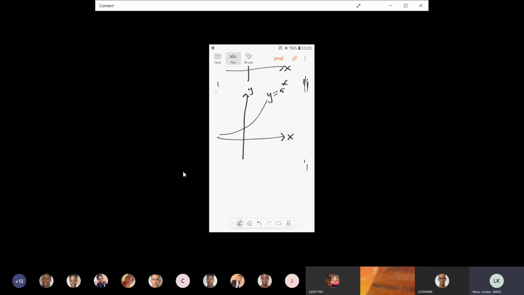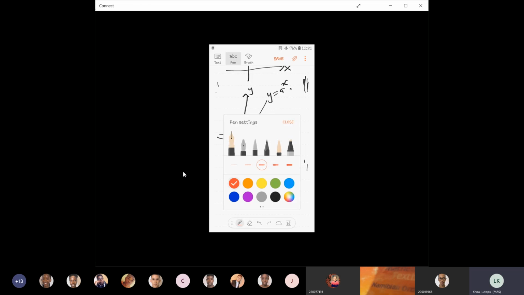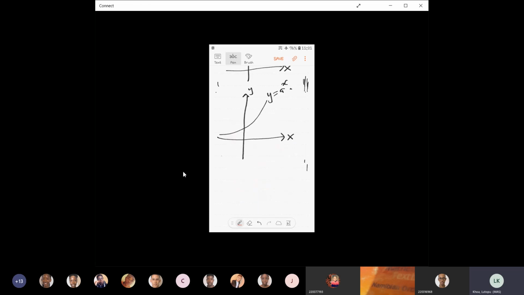So when you want to draw a graph where the log of that graph is a, what you must do is reflect it along this line. Now this line here is the line y is equal to x. It is always that line, not any other line, when you want to draw the graph of the logarithm.